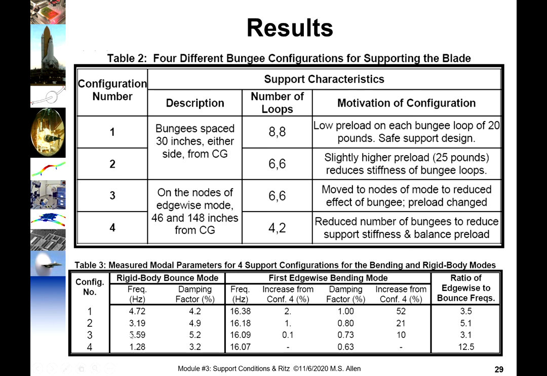We can look at how that compares with the frequency of the rigid body bounce mode. And here they're looking at the edgewise mode. So in the flatwise, I think the errors were even less. But that edgewise mode went from about 16 hertz with a bounce mode of 1 hertz, or a pretty good ratio.